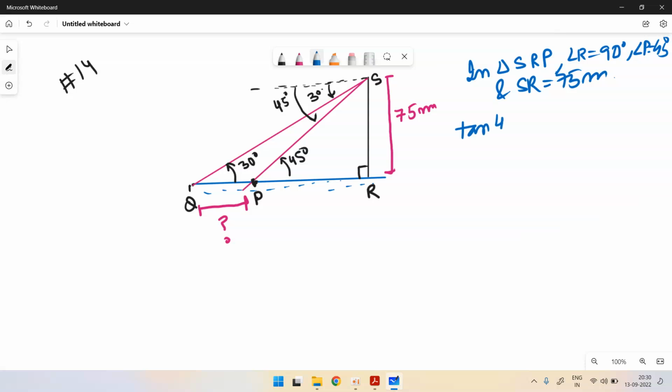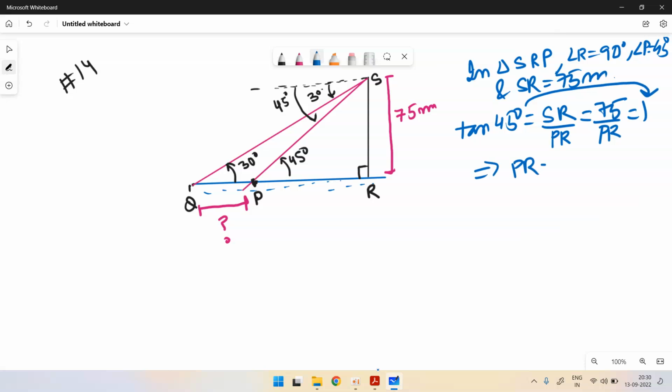In this triangle, tan 45 degree is SR by PR, which implies SR is 75, PR we need to find, and tan 45 degree equals 1, which implies that PR is 75 meters. This you have calculated.